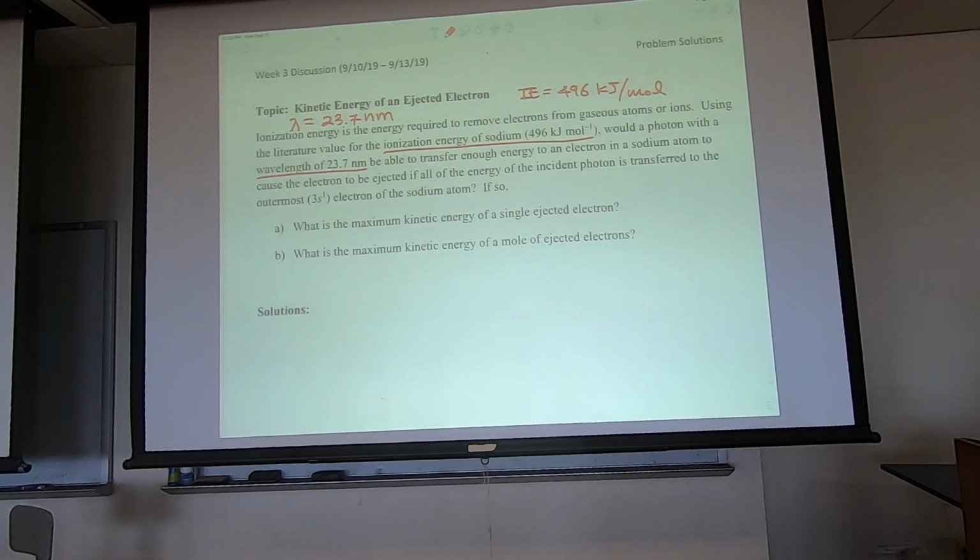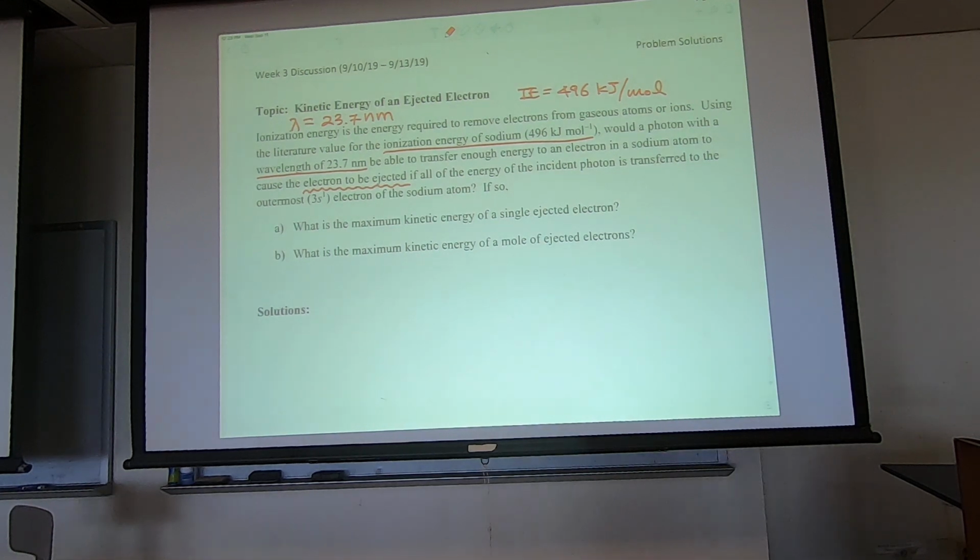Then they said the photon will be able to transfer enough energy to eject the electron, and all the energy is used for the electron to be ejected. So the electron will be ejected from here. The situation is very simple.